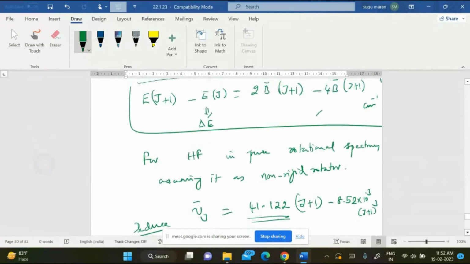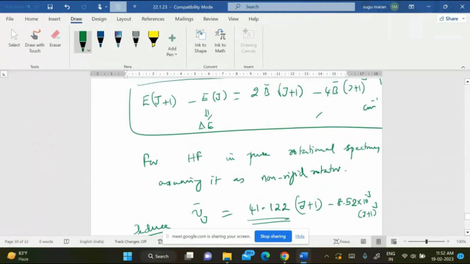Look at these two equations. Instead of 2B, they give some value 41.122. Like 4B, they give 4D, not 4B, it's 4D bar, which resembles 8.52.